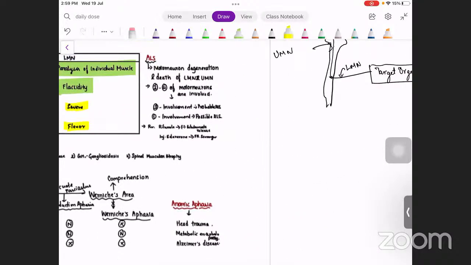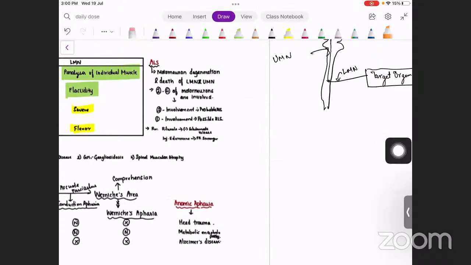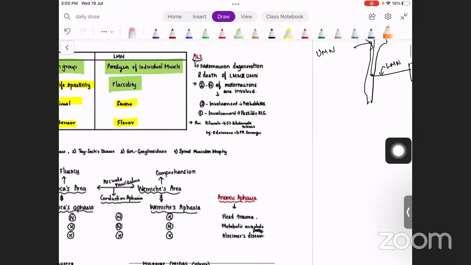And then you have ALS, amyotrophic lateral sclerosis. ALS is one of the diseases you need to know in terms of motor neuron defect. Motor neuron degeneration and death of both LMN and UMN could result in ALS. If 2 to 4 regions of motor neurons are involved, then it is a definite ALS.